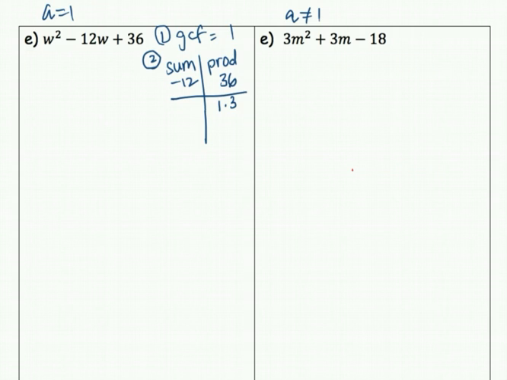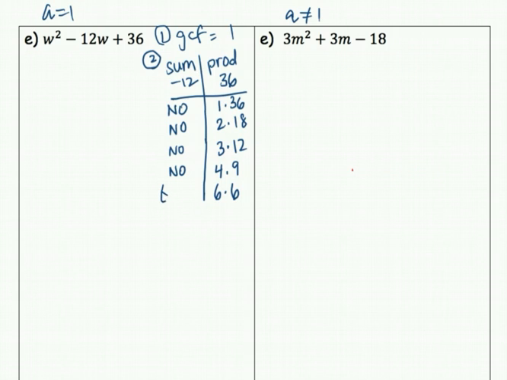But if not, this is something you can fall back on. 1 and 36, no, they can't add or subtract to 12. 2 and 18, no. 3 and 12, no. 4 and 9, close, but still no, it doesn't add to 12. 5 does not divide into 36. 6 does. 6 times 6. Okay, so we thought of all the factors here.